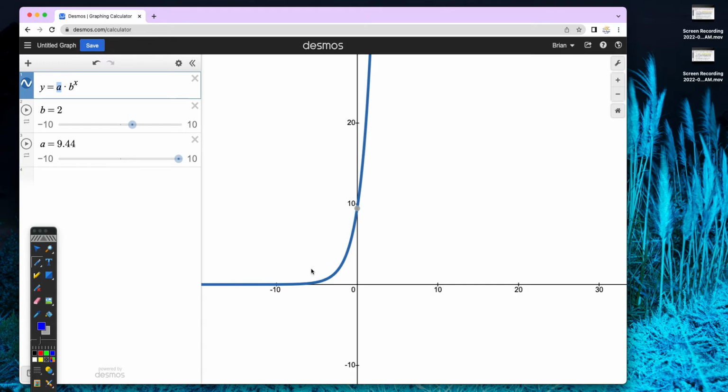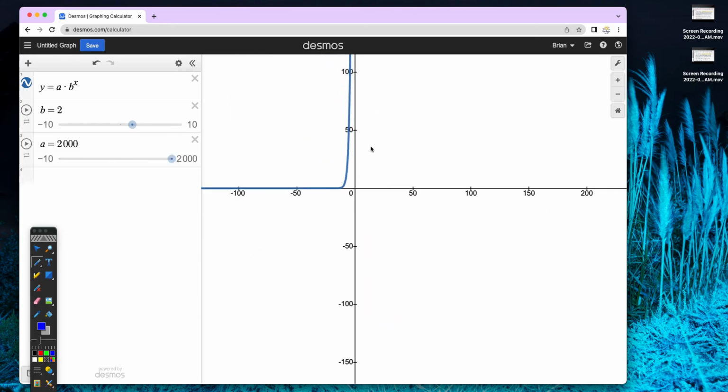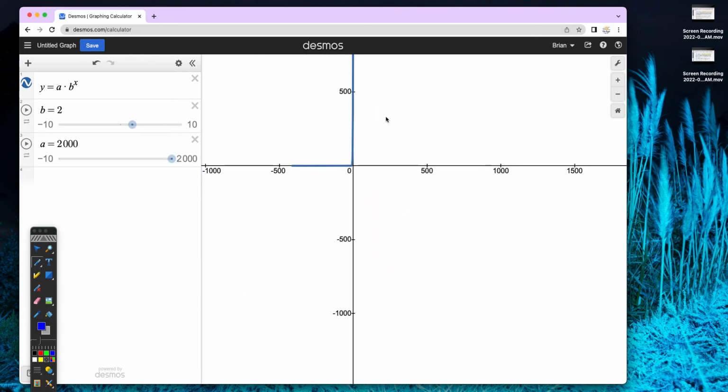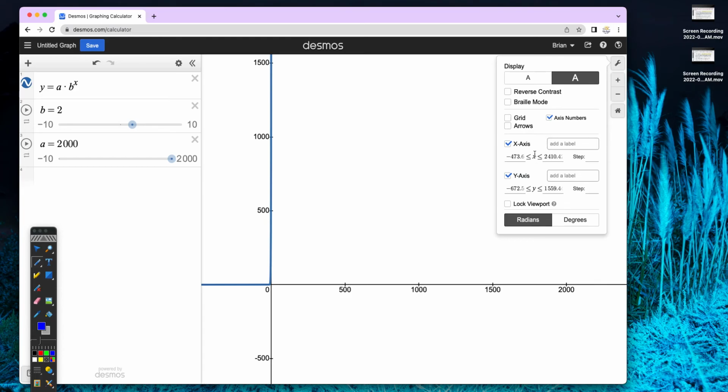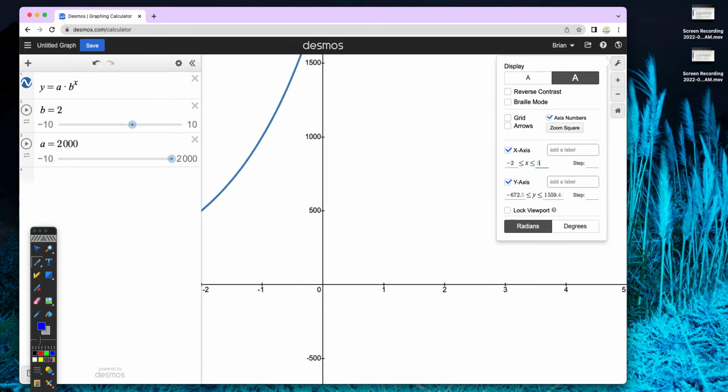So to give you an example, when we talked about the money in that Ponzi scheme, we talked about the initial investment being $2,000. So if I was to make this 2,000, now granted my window doesn't look very great anymore, right? So let me go in here for a second and we'll change our x-axis to be from, let's say, -2, and we're only going to need to go as far as 5, I think we did 5 rounds on our table.